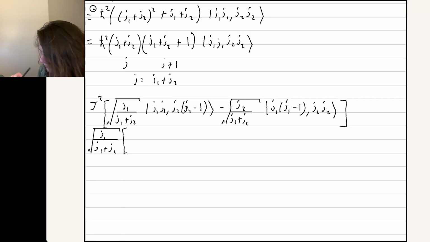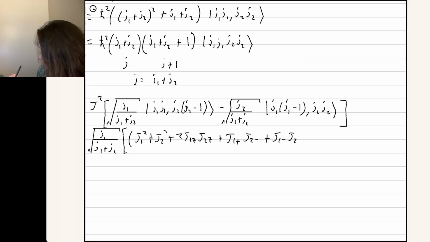We're going to have j1 squared plus j2 squared plus 2 j1z j2z plus j1 plus j2 minus plus j1 minus j2 plus, all acting on the state j1, j1, j2, j2 minus 1.